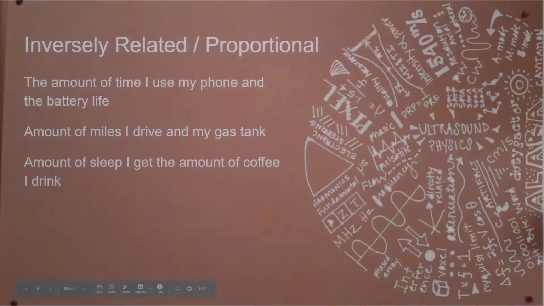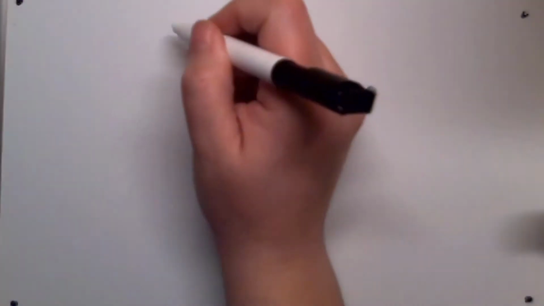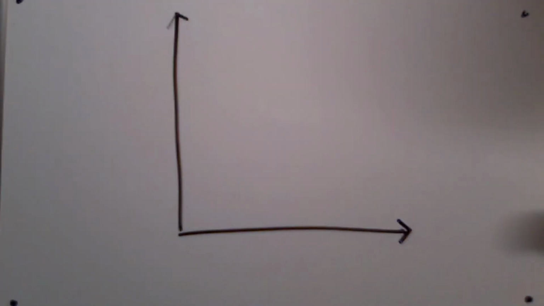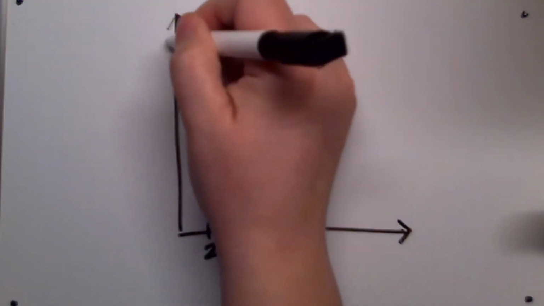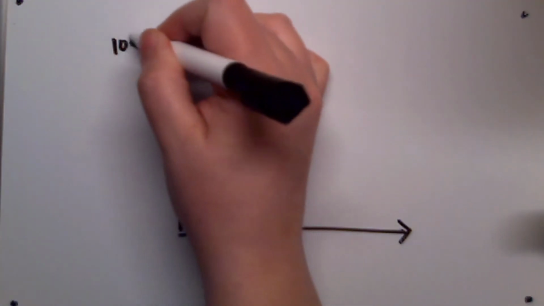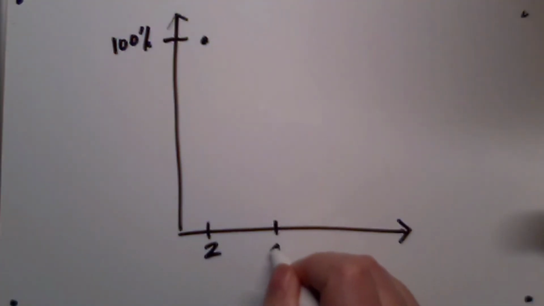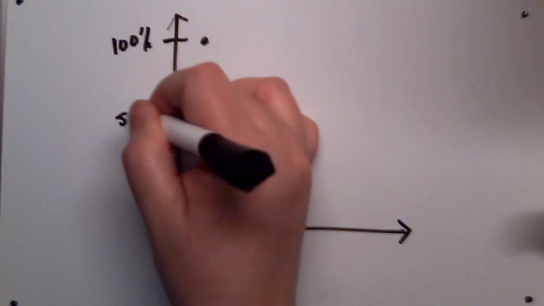And just like we were able to with our directly proportional variables, we can also graph our inversely related variables. So let's use the phone one. I've used my phone for 2 hours and I'm at 100%. After 4 hours, maybe I'm at 50%.